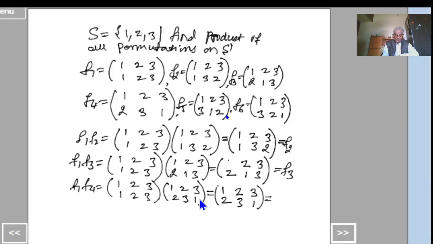This equals 1, 2, 3, 2, 3, 1, which is nothing but F4.